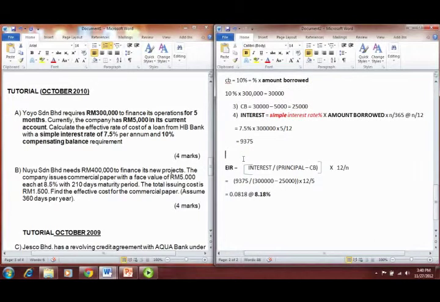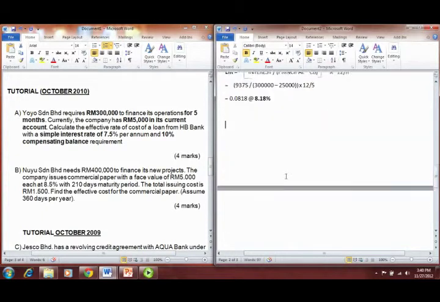Step 2, you can calculate EIR based on step 1. What is your step 1, class? Information. Alright, now we try to do question 2.